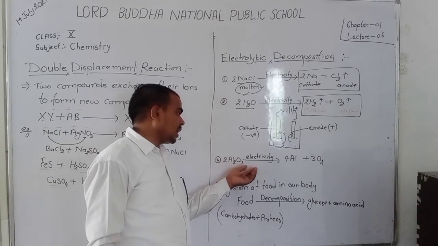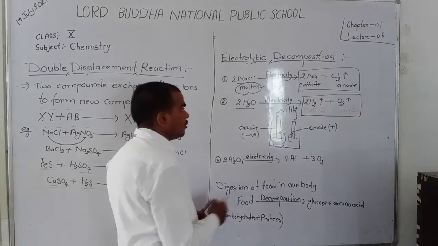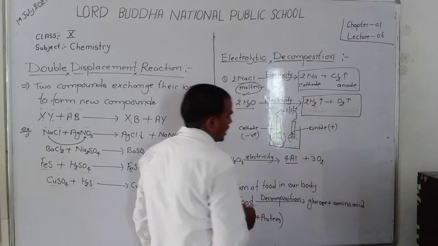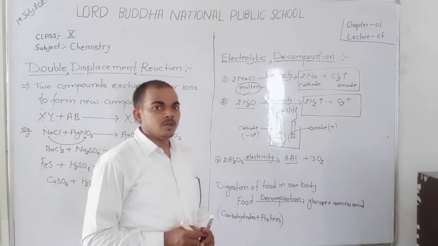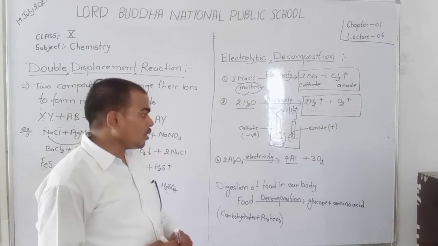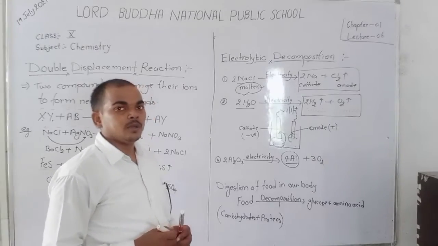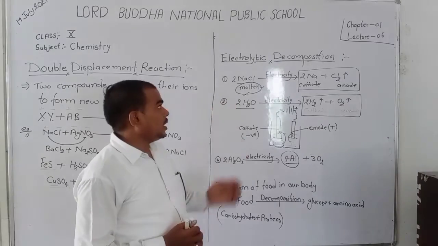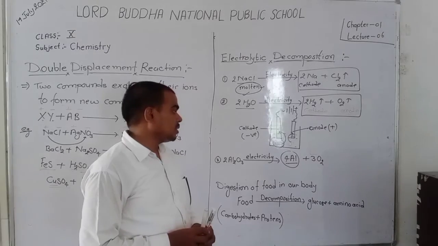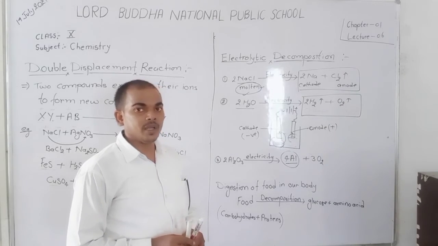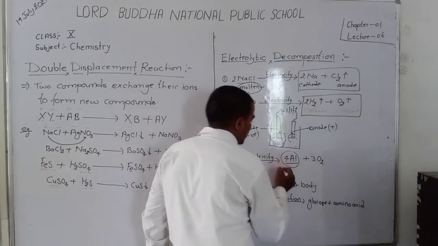When we flow electric current in aluminium oxide, it converts into aluminium metal. That means by electric decomposition we purify aluminium metal. A useful concept of electric decomposition is the purification of metal. It is also known as a decomposition reaction.